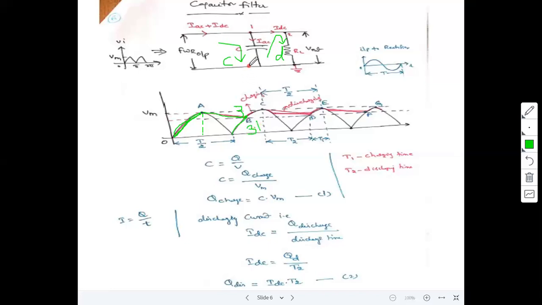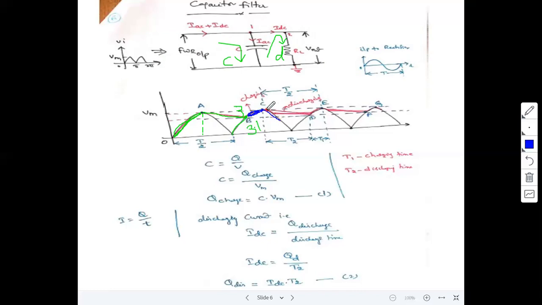Whenever the capacitor voltage is less than the input voltage, that is the full wave rectifier output voltage, again the capacitor tries to charge, to the maximum value at point C. At point C, the full wave rectifier output reaches the maximum and slowly it decreases.